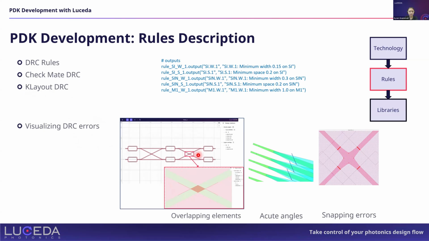They can detect and visualize overlapping elements, acute angles, and also snapping errors. So it already reduces the back and forth communication regarding the DRC reports between foundry and designer. But it's not only about visualization, but also about fixing. So we let users address these DRC errors within the Luceda platform.